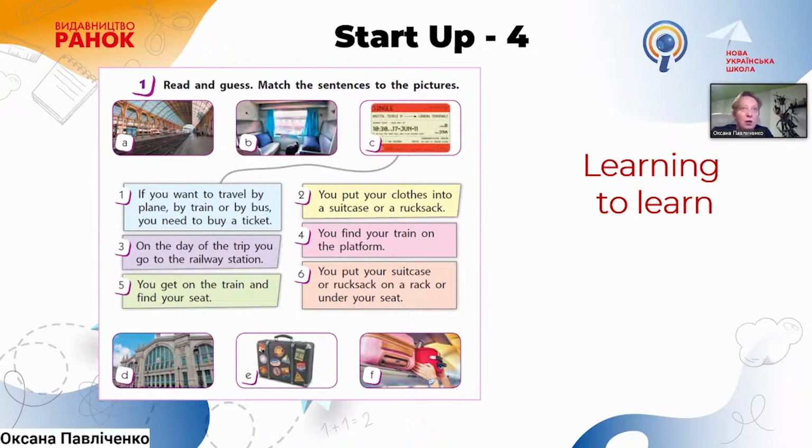It is good to do with flashcards, but in my opinion, it's a kind of traditional way. And if you have no flashcards, what to do? This exercise is very helpful because they read the sentences and match the sentences with the pictures. It also teaches our kids to learn.